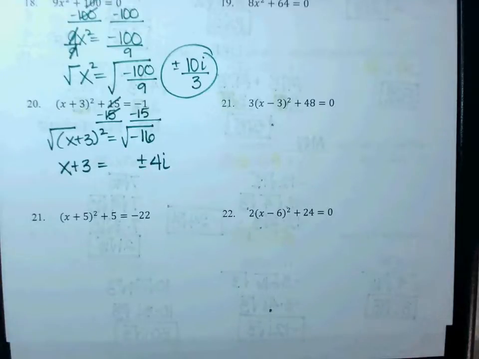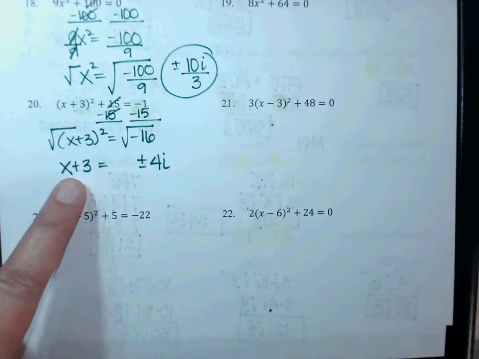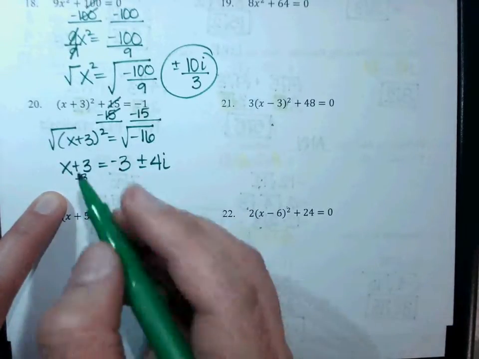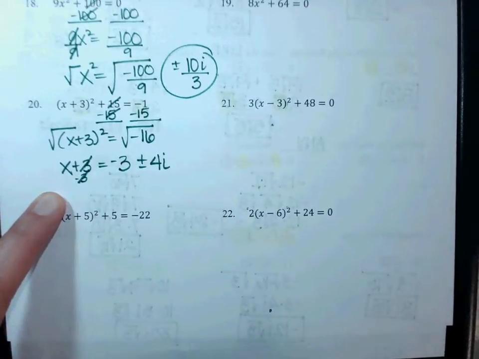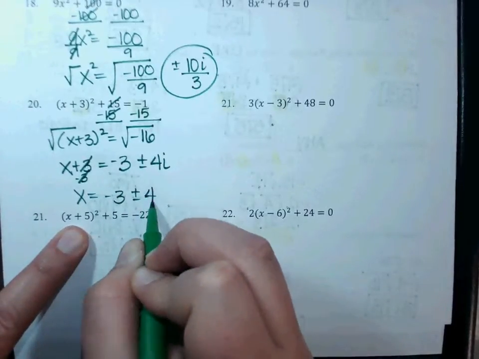And then your last step, remember with parentheses, you have to move that number over. So if it was a plus 3, how would I undo a plus 3? I would minus 3 here and minus 3 in the front. These cross out. That's your answer. x equals negative 3 plus or minus 4i.